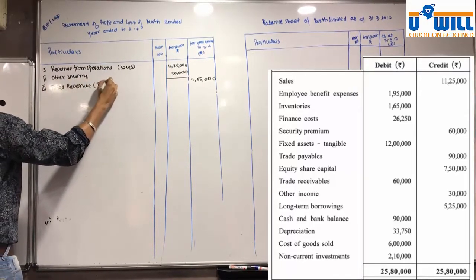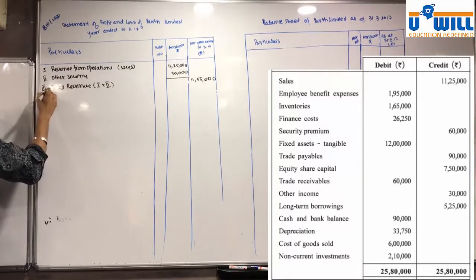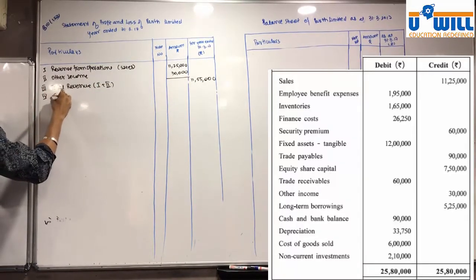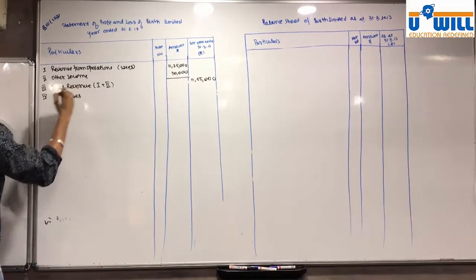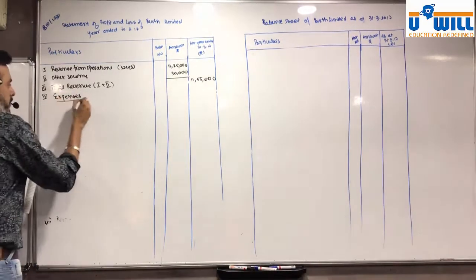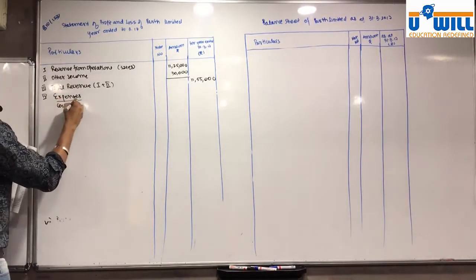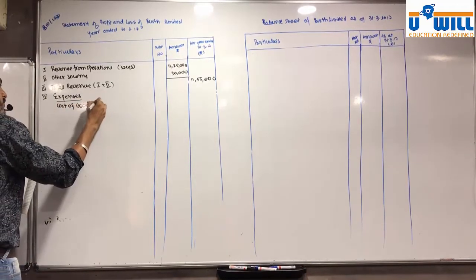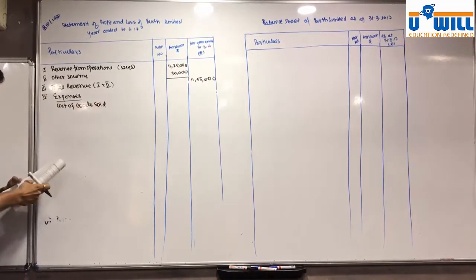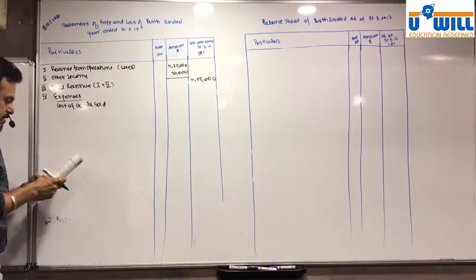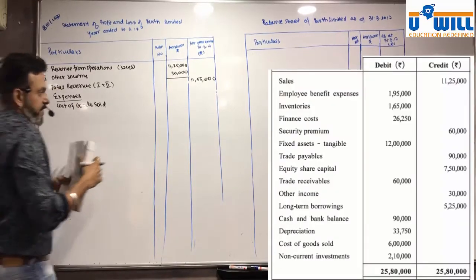1 plus 2. Fourth, expenses. Cost of goods sold. Cost of goods sold amount is 6 lakh.